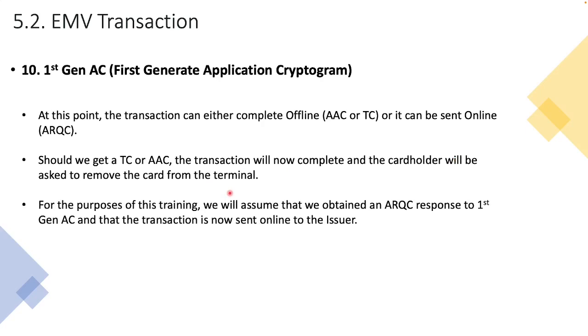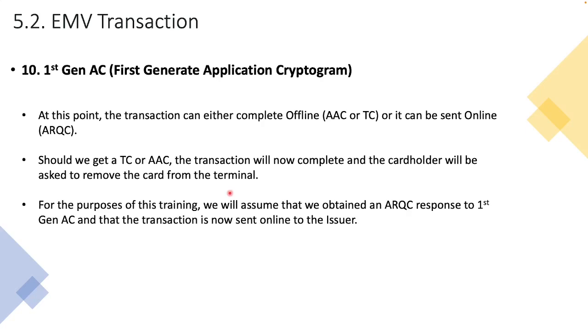For the purpose of this training, because we want to actually see the full 14 steps of the transaction, let's assume that in this transaction, there was some condition present, and there was an agreement between the terminal and the card that this transaction needed to go online, right? So the card made a decision and said, in first gen AC, I'm generating an ARQC.